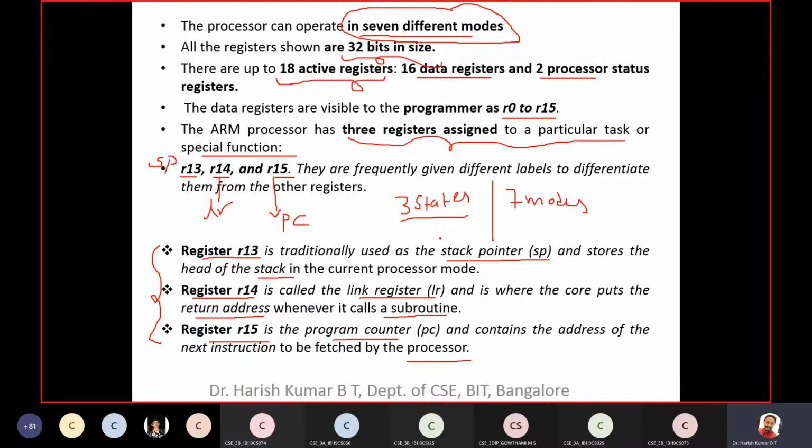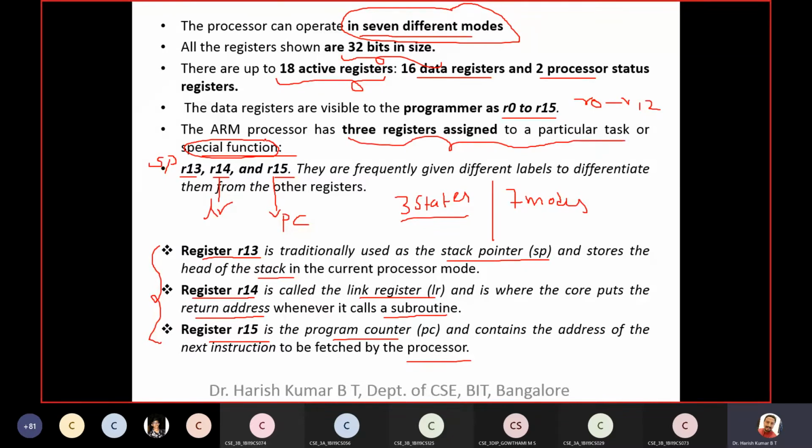Yes, sir. So even though we say R0 to R15 are general purpose registers and programmer visible registers, we always prefer using R0 to R12. You can use whatever way you want, but we don't prefer using R13, R14 and R15 since they have special functions.